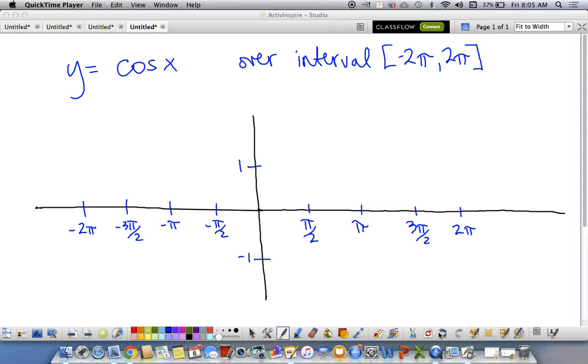It starts up at 1, 0, 1, and then down, and then up, down, up.